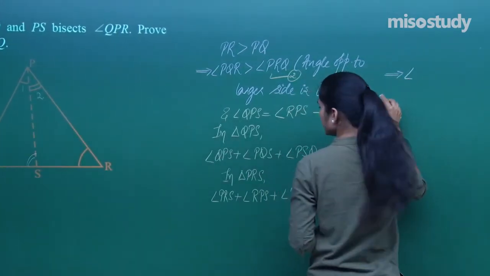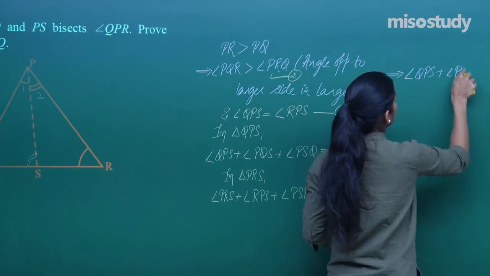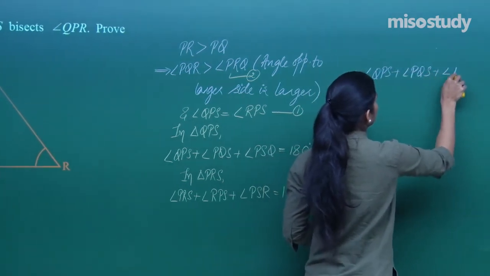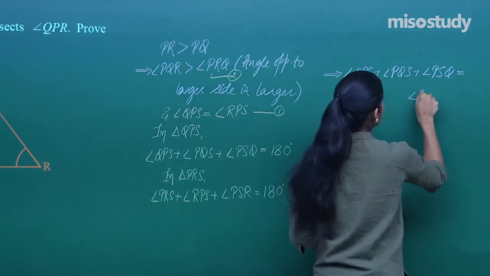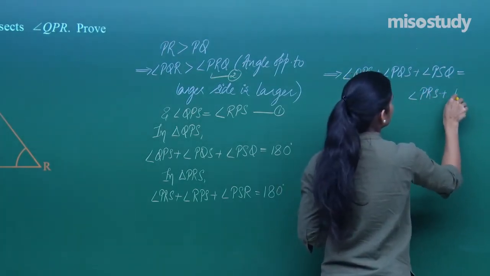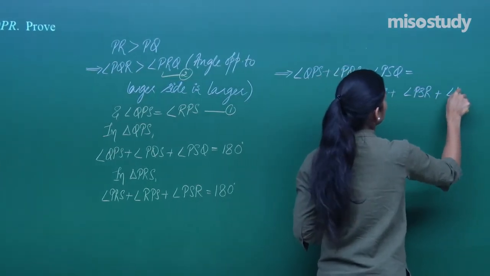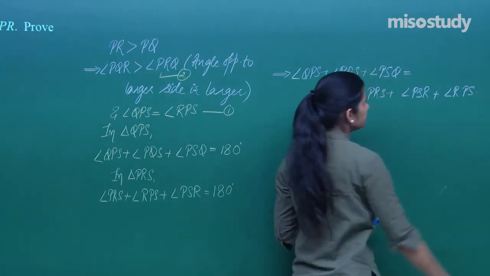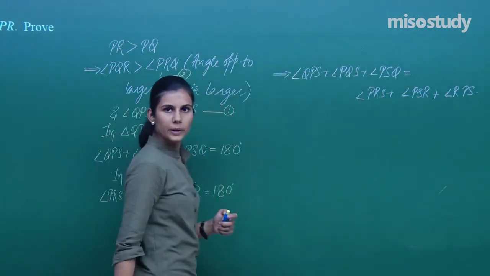So you have angle QPS plus angle PQS plus angle PSQ is equal to angle PRS plus angle PSR plus angle RPS. Fine? They both are equal.